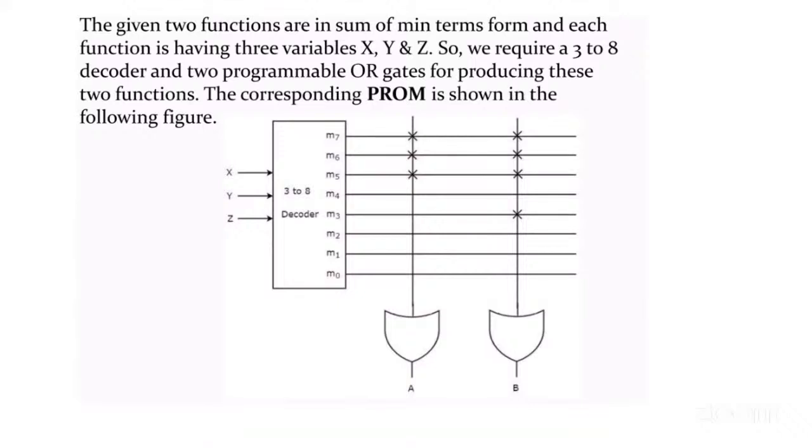In the first example, minterms 5, 6, 7 are connected to OR gate A and then to the output, whereas in the second example, minterms 3, 5, 6, 7 are connected to OR gate B.